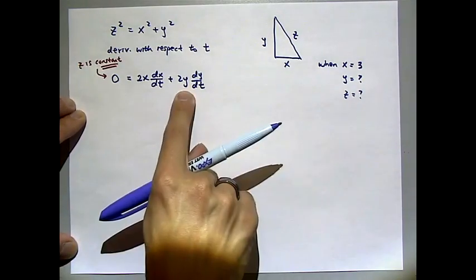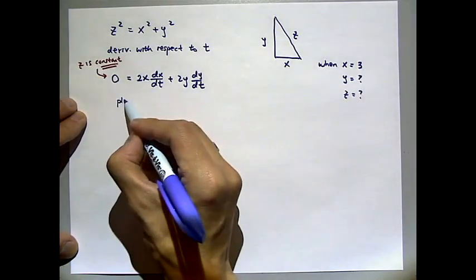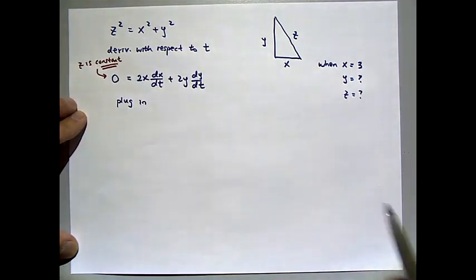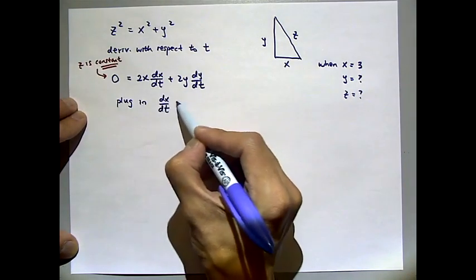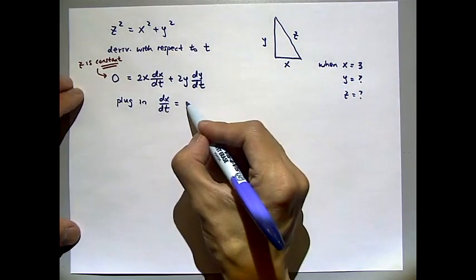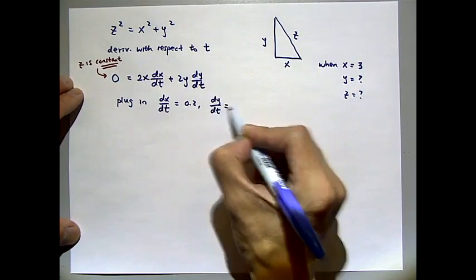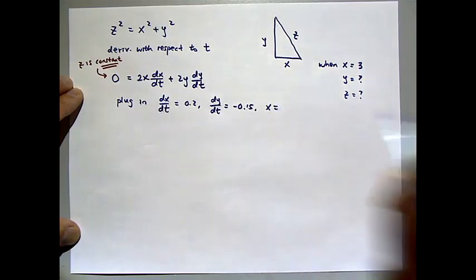Okay, let's solve for y. Well, let's just plug in stuff we know. You don't really have to solve for anything explicitly. Plugging in dx/dt, 0.2, dy/dt, negative 0.15, and then x is equal to 3.